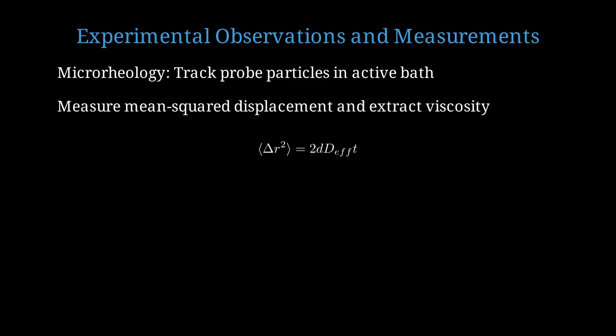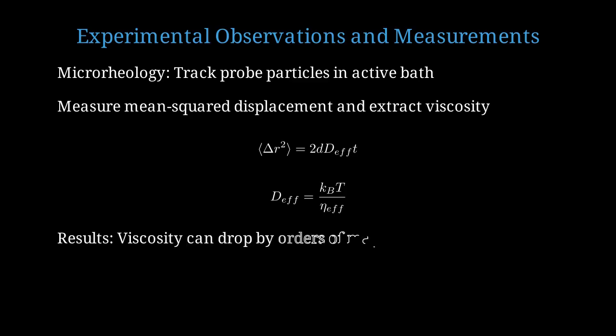The mean square displacement equals 2 times the dimensionality times an effective diffusion coefficient times time. The effective diffusion is related to effective viscosity by D effective equals kBT divided by eta effective via a generalized Stokes-Einstein relation. In experiments with catalytic Janus particles in hydrogen peroxide, researchers have observed the effective viscosity drop by factors of 2 to 10 or even more.